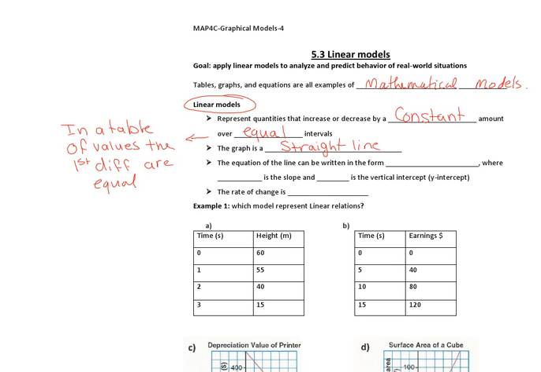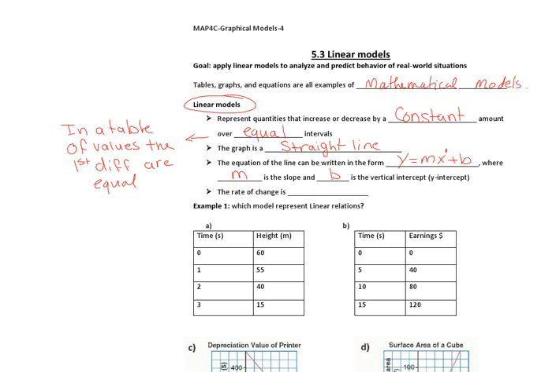And if you are looking at an equation, what would the equation look like? y equals mx plus b. So your equation is going to look like this, where your highest degree is 1, so the degree on the x is 1. What's your slope? Your slope is represented by the letter m, and b is the y-intercept.